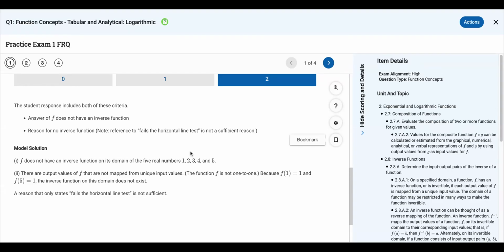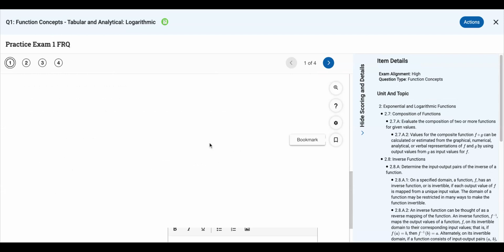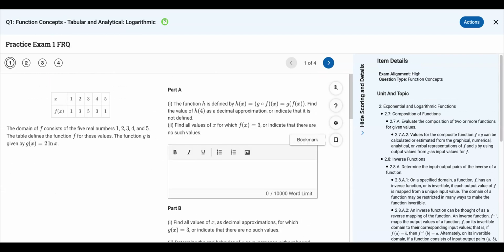So here I am back at the question. We see the question now? Yes. Okay. So you see how all of these x's are different? Yes.